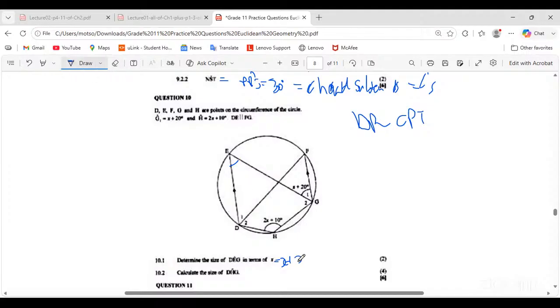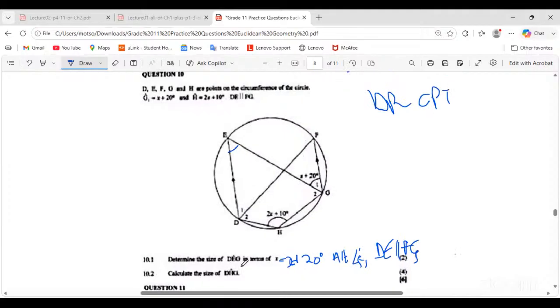X plus 20 degrees. And then reason being alternating angles are equal. Why? Because DE is parallel to FG. Fine. Done with 10.1, now we go to 10.2.